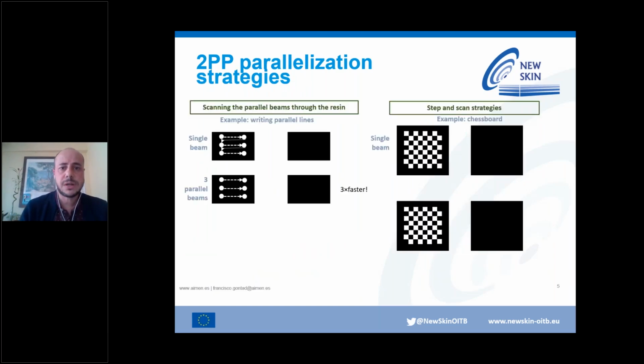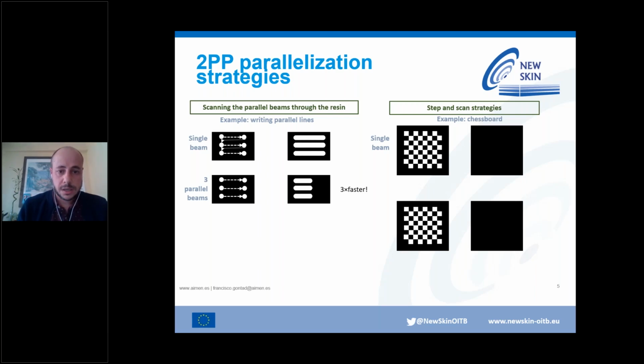There are several strategies to improve the fabrication with this parallelization optics. For example, in the simple case, if you want to fabricate something like parallel lines with a single beam, you have to go to the first part of the line, scan it through the resin, then go to the beginning of the second line, scan it again, and then the third one, and so on for the number of lines that you want to write.